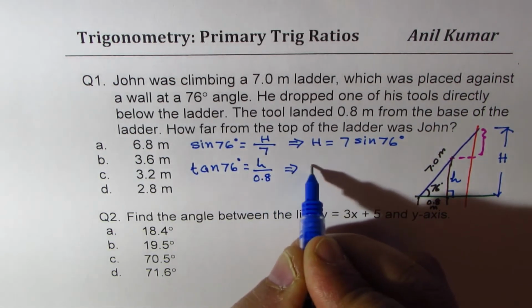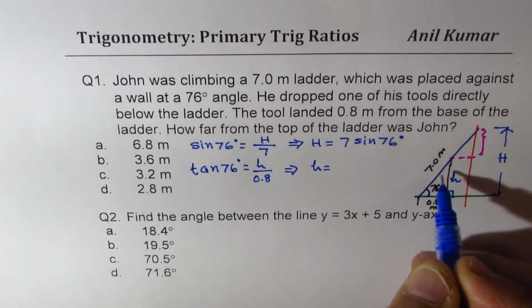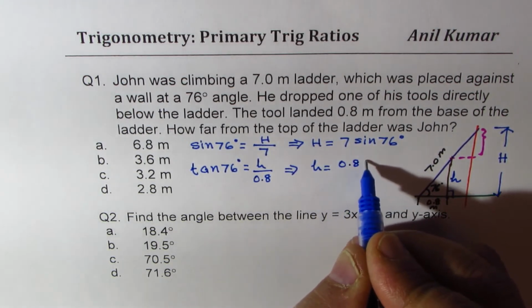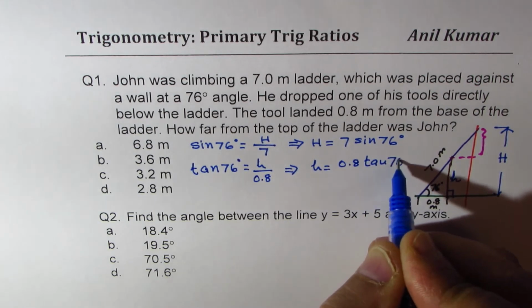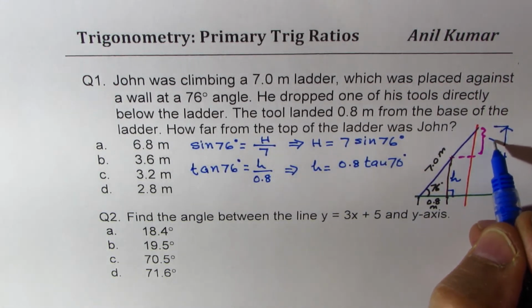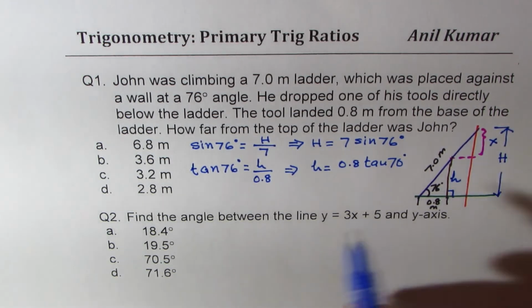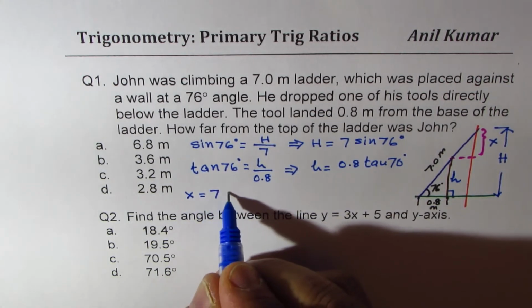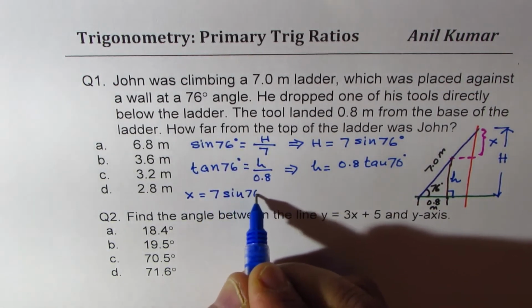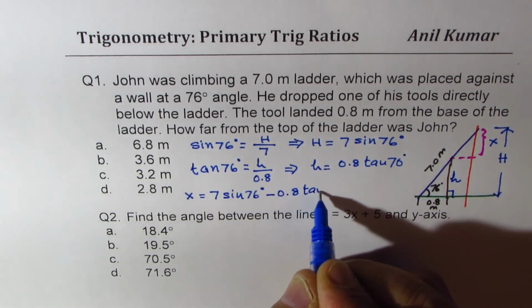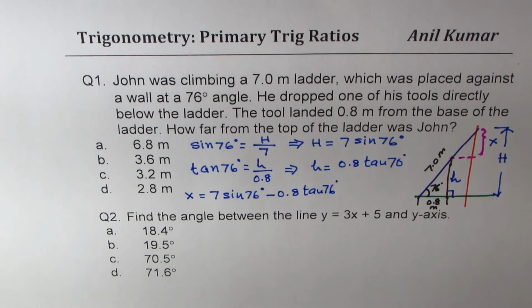So that gives you the height of John from the ground as 0.8 times tan of 76 degrees. And this is the answer which we need, let's say x. So x is the difference of these two: 7 times sine of 76 degrees minus 0.8 times tan of 76 degrees. Perfect. So that is how you should be solving it.